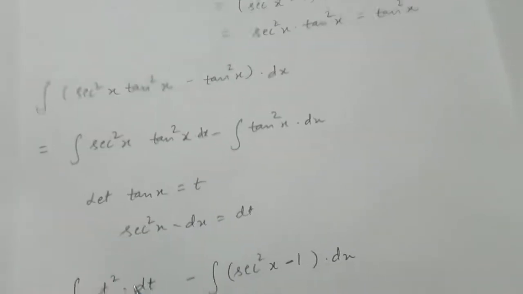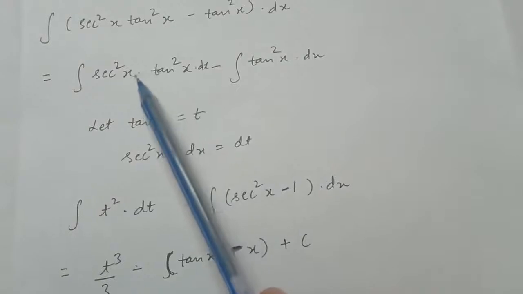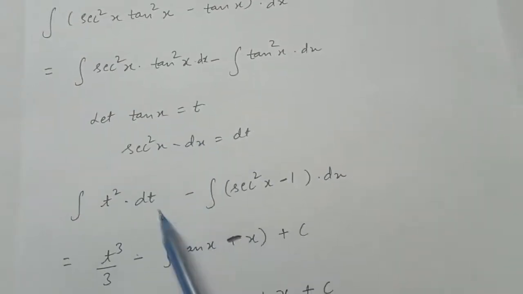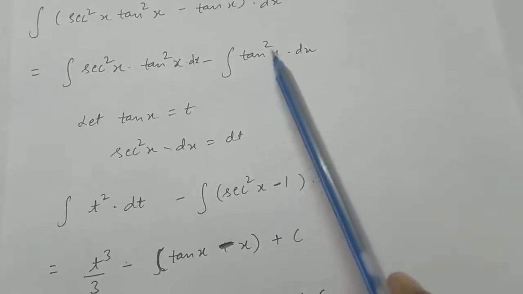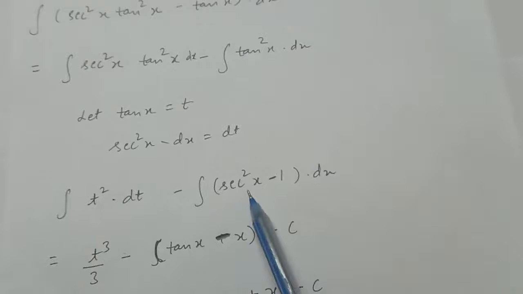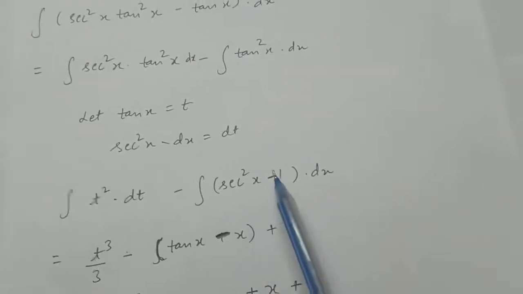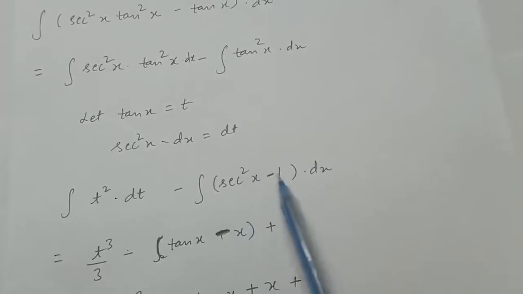So you will get integral of t square in place of tan square x, and secant square x dx is dt, minus, because we do not know the integral of tan square x, therefore again writing this as secant square x minus 1.